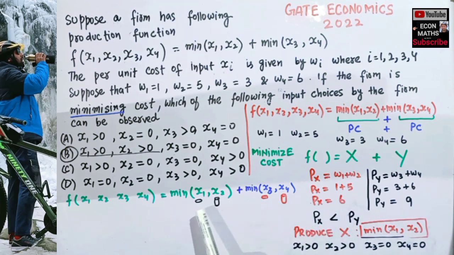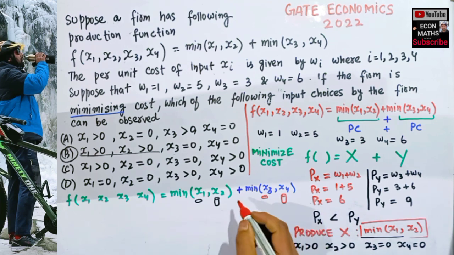Here the Pepsi is denoted by black and Coca-Cola with red. The cap and bottle of Pepsi are perfect complements of each other. That means for every bottle we need one cap, and similarly for Coca-Cola, for every bottle we exactly need one cap.